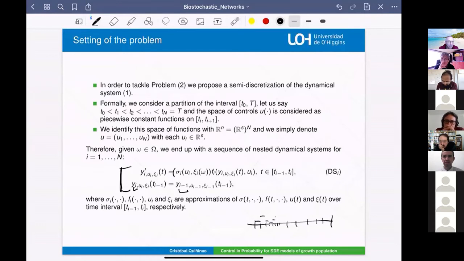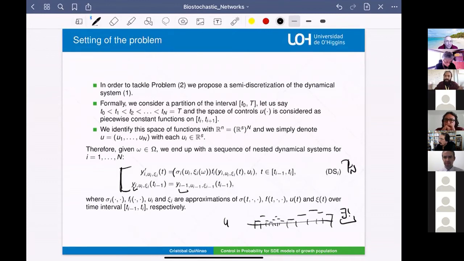So you do not choose which controls you are going to use. The algorithm is going to tell you, because what we proved is that there's existence and uniqueness of this stepwise control that gives you the best value of the cost function.